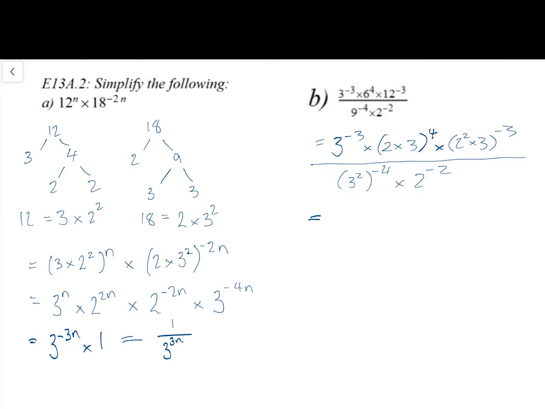Okay, so let's look at our terms with a base of 3 in the numerator, 3 to the power of negative 3 plus 4, 1, take away 3, negative 2, and then base 2, 2 to the power of 4, and then 2 to the power of 2, take away 3, so negative 6, also negative 2. All of this over 3 to the power of negative 8, and 2 to the power of negative 2.